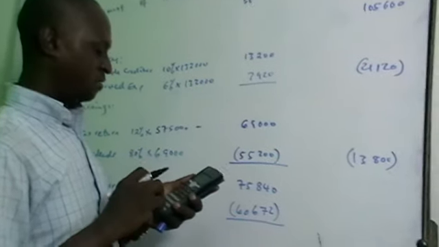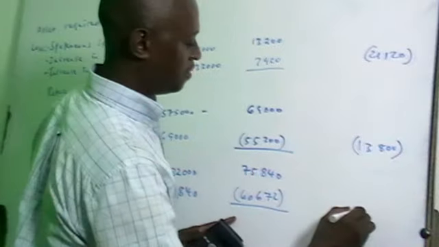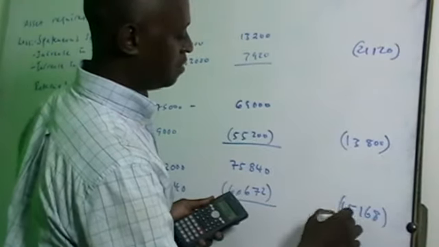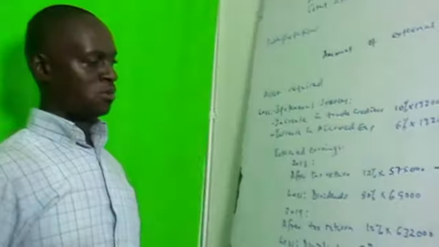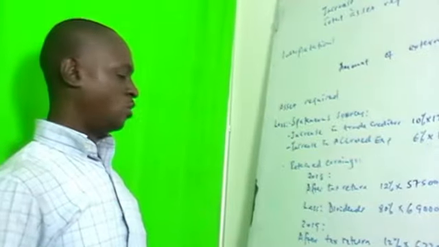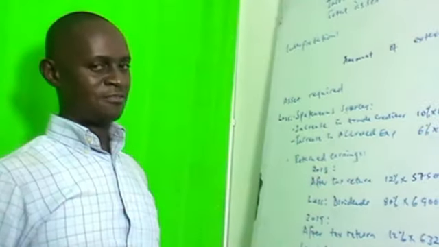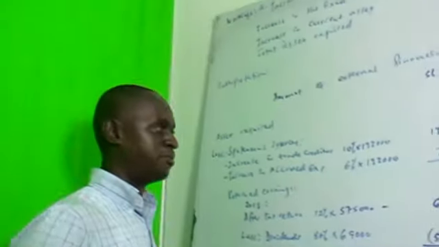Subtract from 75,840, and we have 15,168. So for the year 2019, we got 15,168 from retained earnings, or if you like, retained profits.